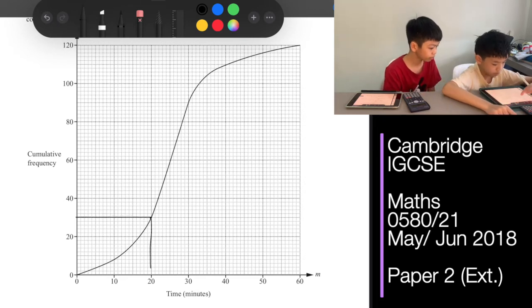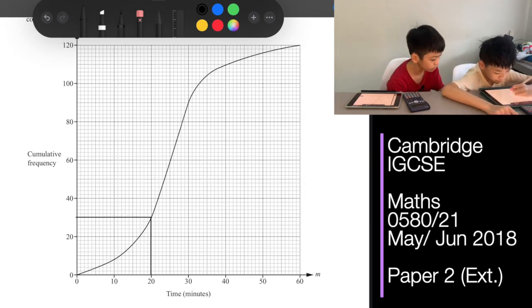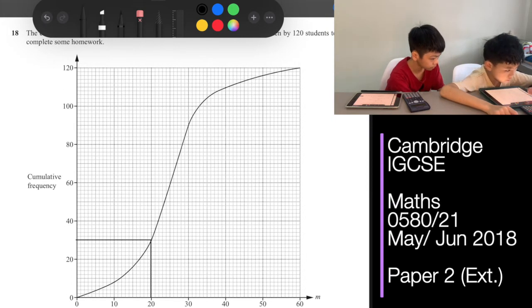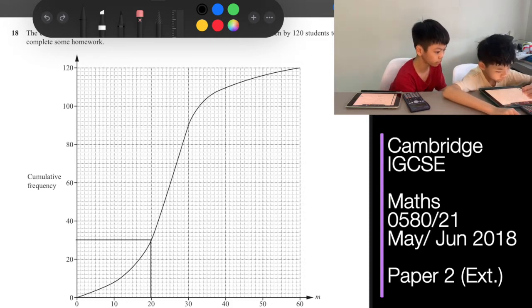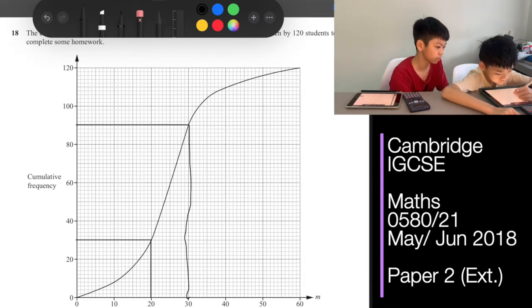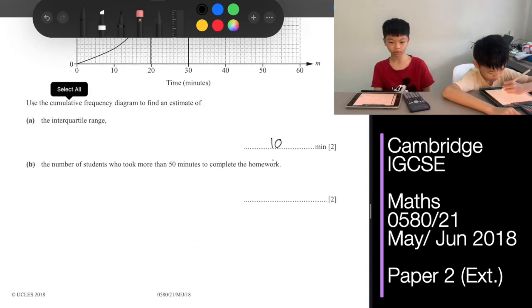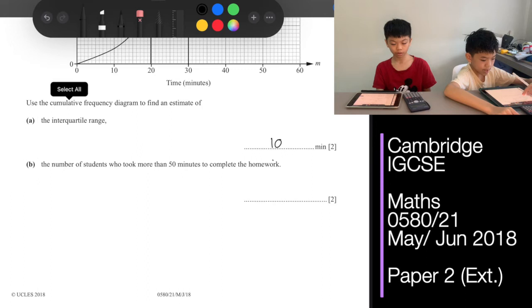So 30 around here, and then 30 times 3, which is 90. Then it goes all the way down, which is 30 minus 20, which is 10, obviously.